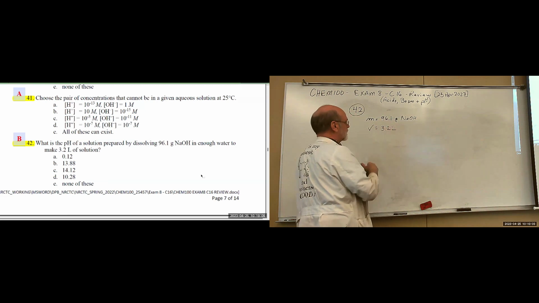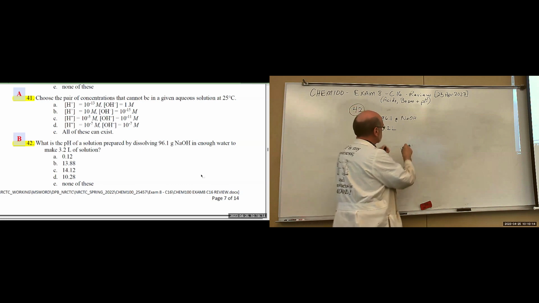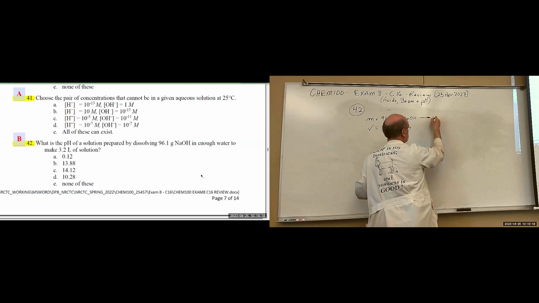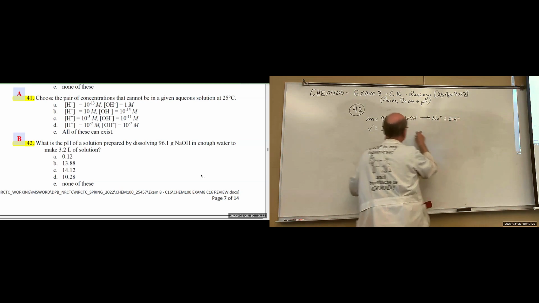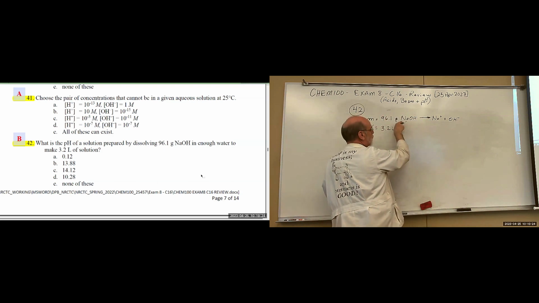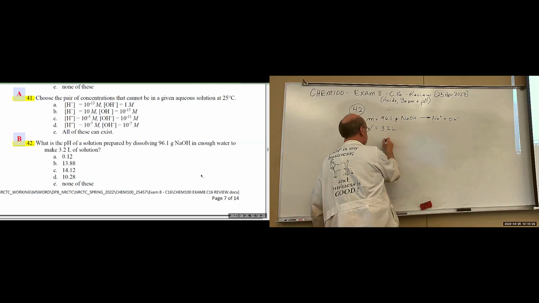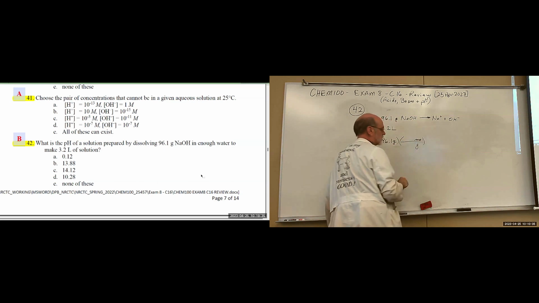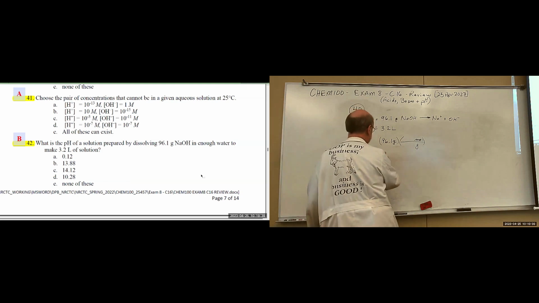Okay, we did one like this before with a different compound. So this needs to be converted to moles because what's this one going to do? It's going to completely dissociate into those. So if we find the moles of this, we know the moles of that. 96.1 grams. We need to convert to moles. What's sodium? 23? Yeah, sodium's 23.